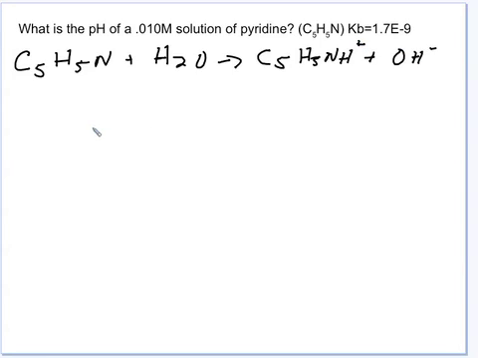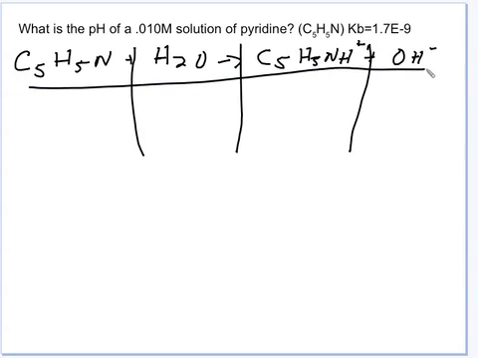All right, now since this is the base, and it gives us the Kb value, we can set up an ice table. To get the pH, we first have to get the pOH, and to get the pOH, we have to know the concentration of OH at equilibrium.